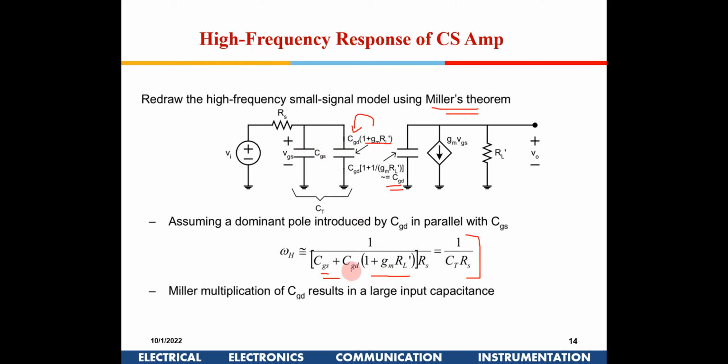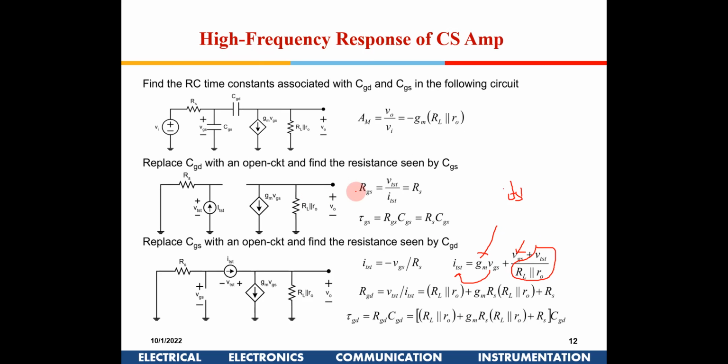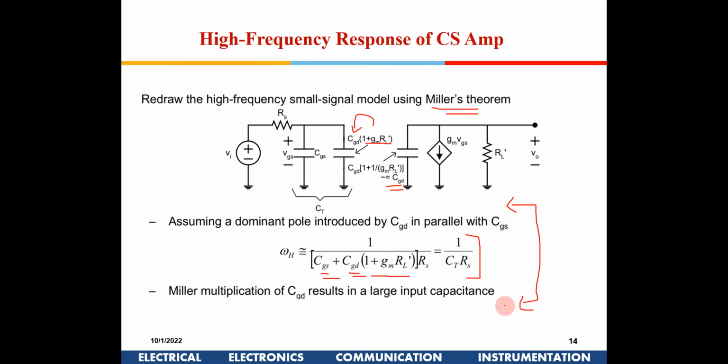So CGS plus CGD into 1 plus GM RL dash, which is the gain, into CGD into RS. So this high frequency response can be directly found by using Miller theorem. Here we did very involved calculations, but without that also we can straight away get to this result. Is it okay with all of you?